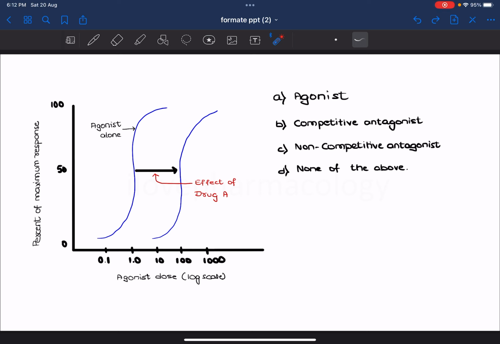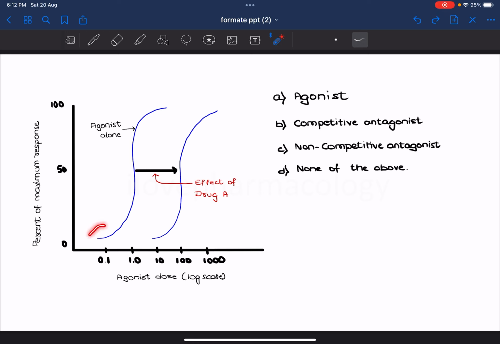So what happens, there is a parallel rightward shift. You can see the response has been shifting toward the right side, but you can see that efficacy remains the same, but the potency has decreased. So you need to give an increased dose of agonist.